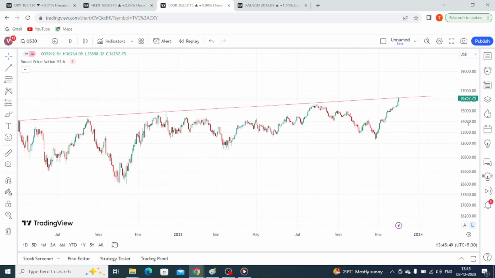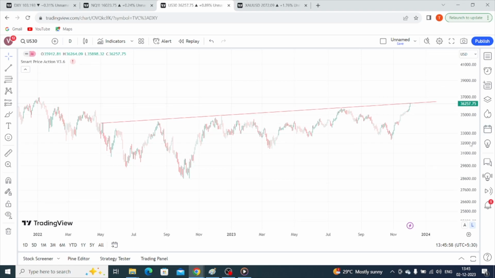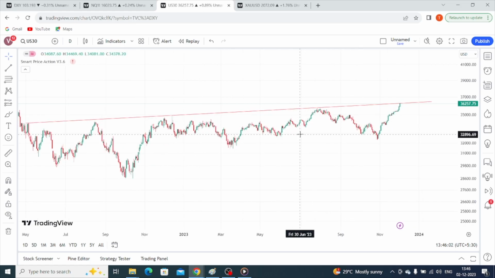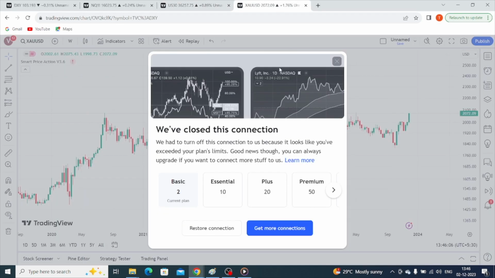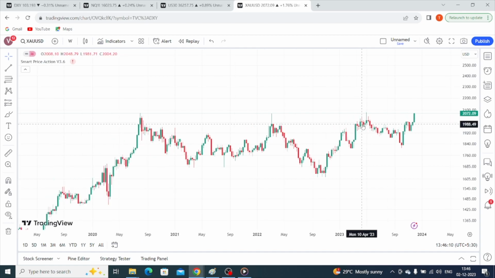And presently it's 36,250. So the coming week is very, very important for the equity market, especially because all the major indices like Dow Jones, like NASDAQ, like the gold chart, they all are hovering at the make or break level.